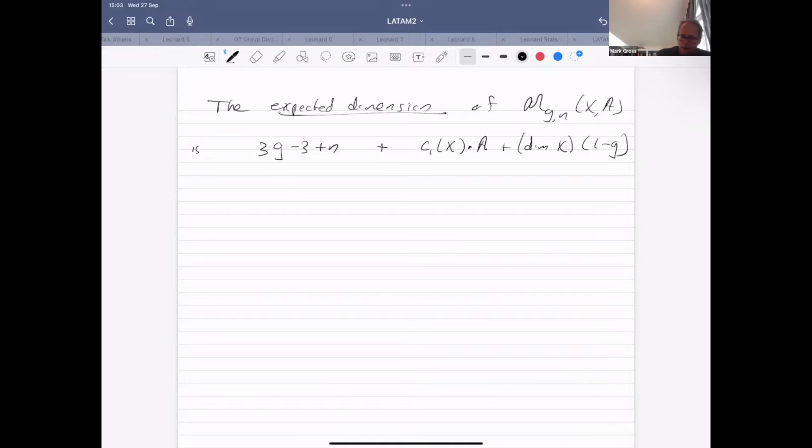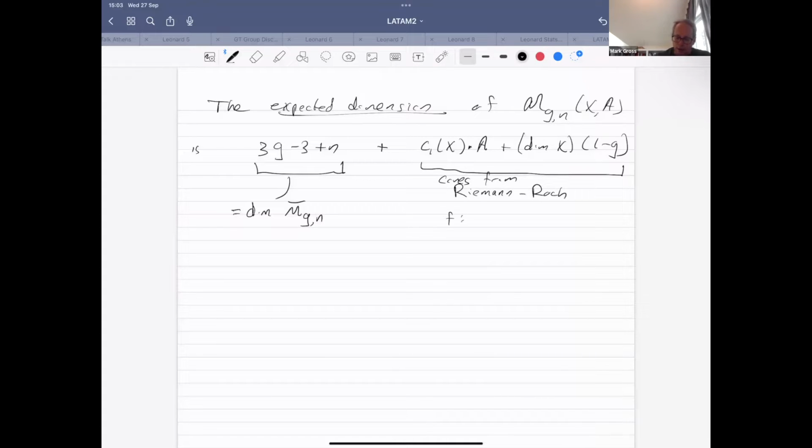So what are these various bits here? This is the dimension of the moduli space of curves of genus g with n marked points. That's fairly standard. This number here comes from Riemann-Roch.